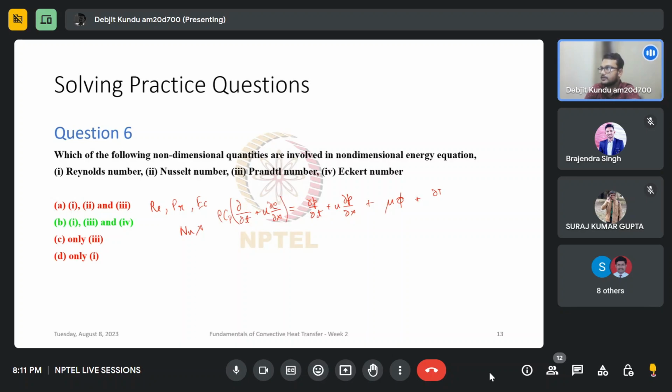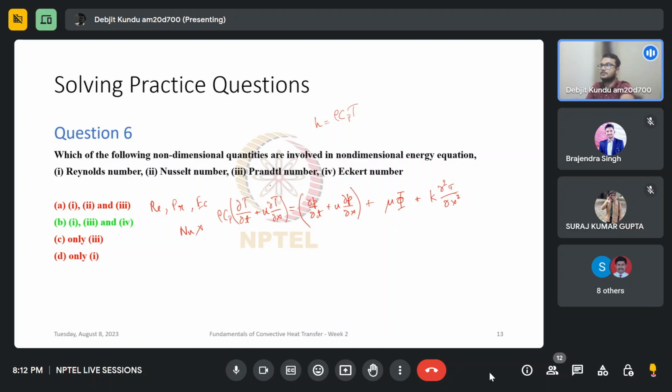I won't write in terms of energy. So energy means enthalpy, right? We can write this as rho Cp T. We have this over here. This is the pressure differential. This is the viscous dissipation term. And we will have the heat diffusion term given by this.